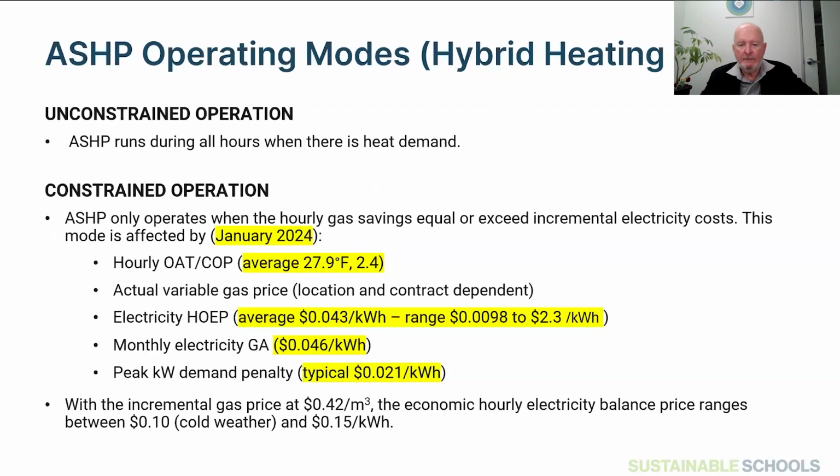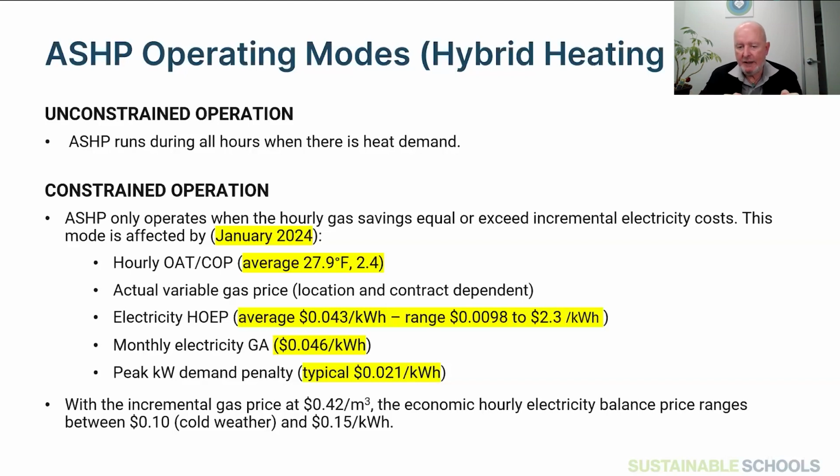And understanding the operating modes, and we'll look at life cycle costs in a moment, we're going to be using language today which we commend to everybody. Unconstrained operation is just letting the air source heat pump run whenever there is heating demand within the building, irrespective of what the electricity price might be in that hour or what the electrical demand might be. What we developed in Mark's modeling is the alternative of constrained operation, where we limit additional peak demand.